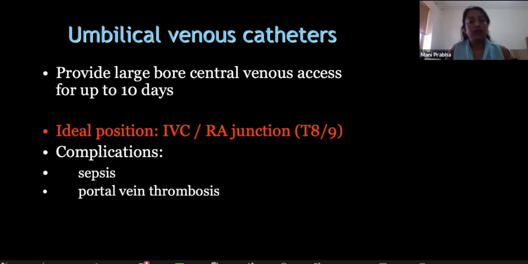Umbilical venous catheters provide large bore central venous access for about 10 days. Ideal position is at the junction of the IVC and right atrium, which is at the level of T8 or T9. Complications which may be associated with the umbilical venous catheter are sepsis and portal venous thrombosis.